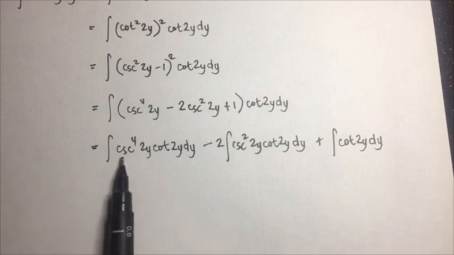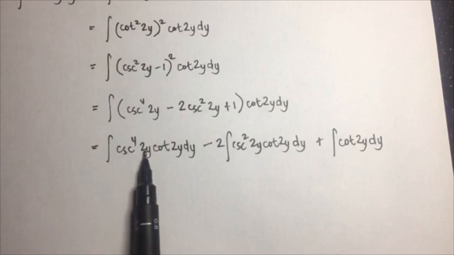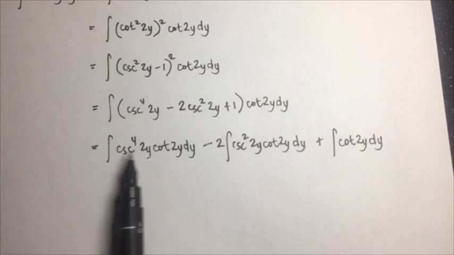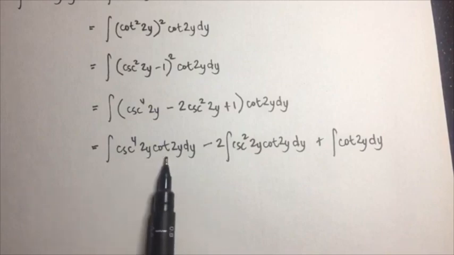If our u here, obviously we have raised to the power of 4, so this probably must contain our u. So if our u is cosecant of 2y, its du should be the differential of cosecant. So the differential of cosecant is cosecant cotangent, and here we only have cotangent.